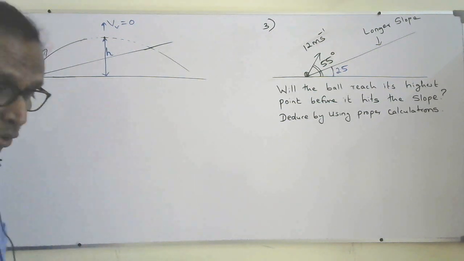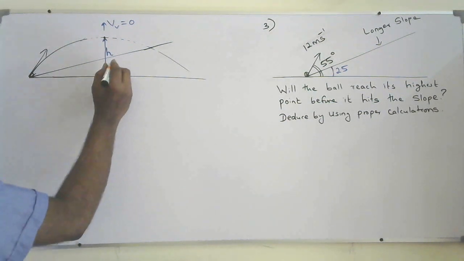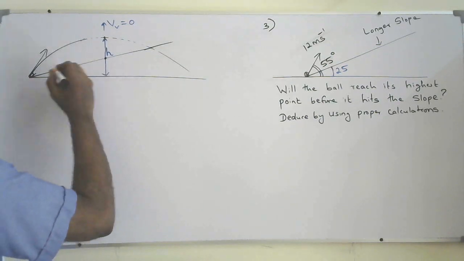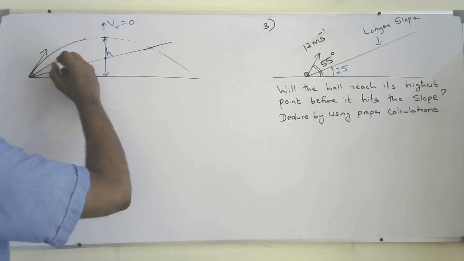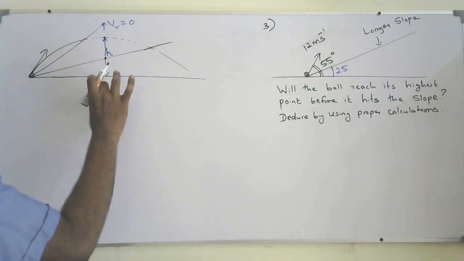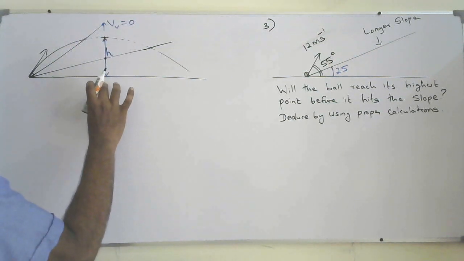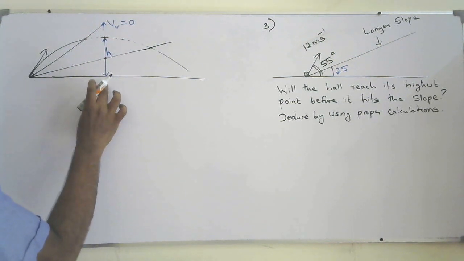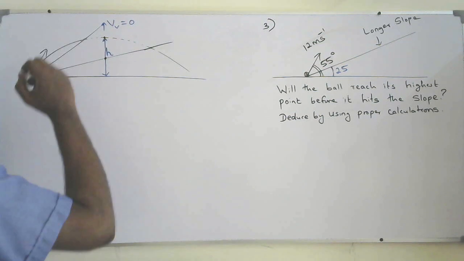Then I have to find what will be the height of the slope. I don't know whether the slope is like this or like this, we don't know. But what will be the height of the slope from the horizontal line when the ball has the horizontal displacement which is at its highest point?